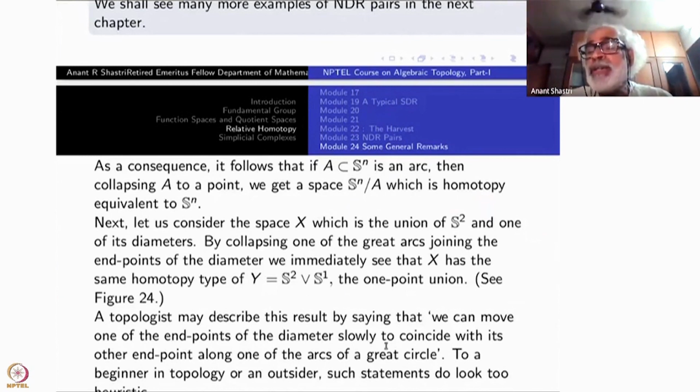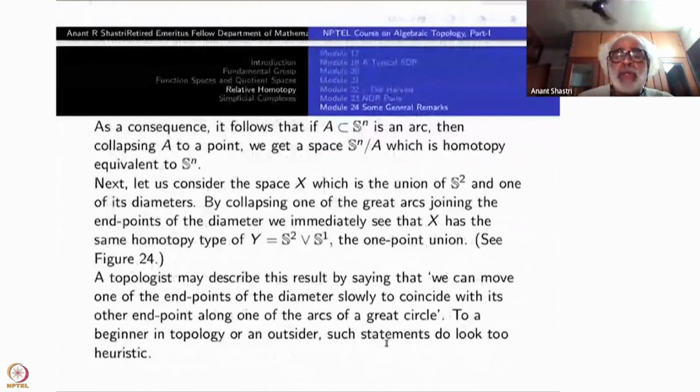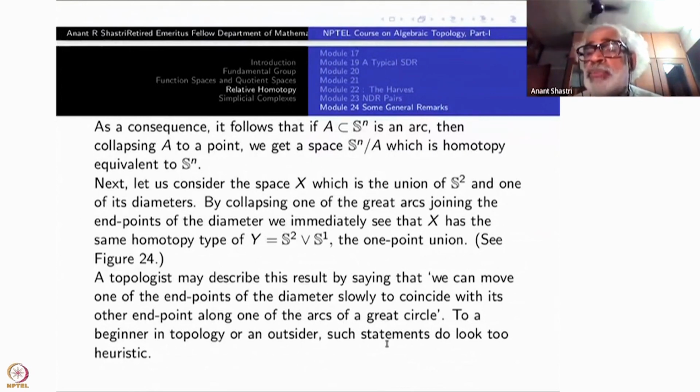So original space and this S2 union S1 are not homeomorphic to each other, but they are homotopy type of same thing. So to a beginner or an outsider, all these things are just hand waving and so on. But an expert topologist knows exactly what is the proof also.